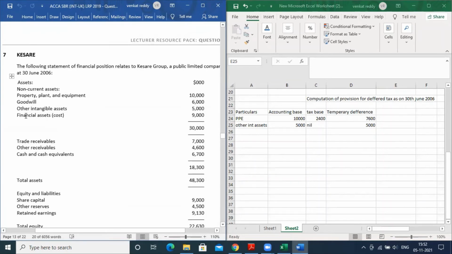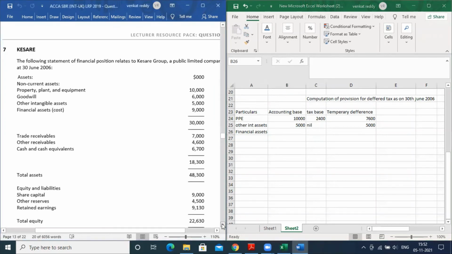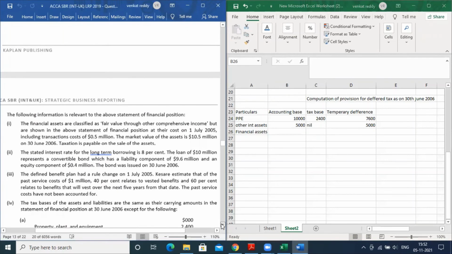So the next heading is financial assets. The financial assets were stored at their cost, that is 10,000. But do remember, as per IFRS 9, financial assets should be shown at their fair value. This is your first adjustment.